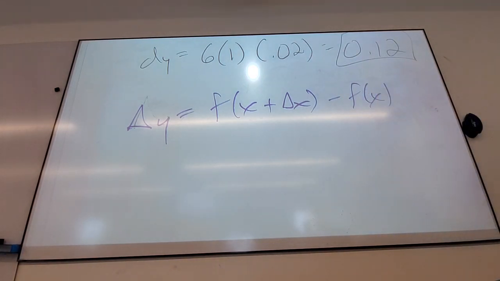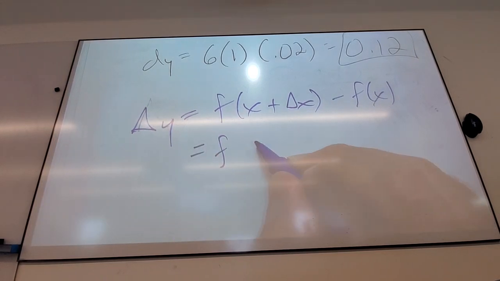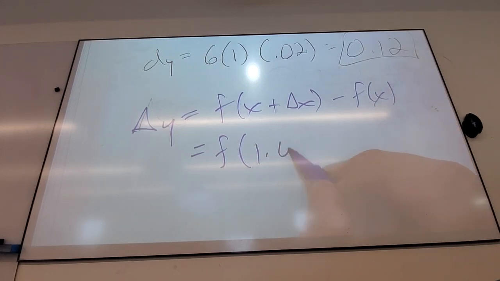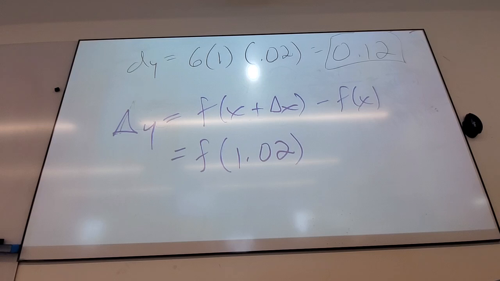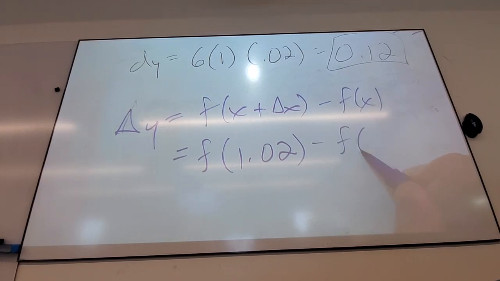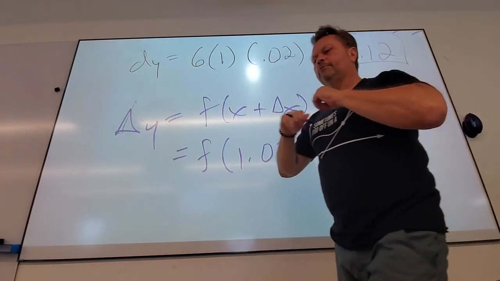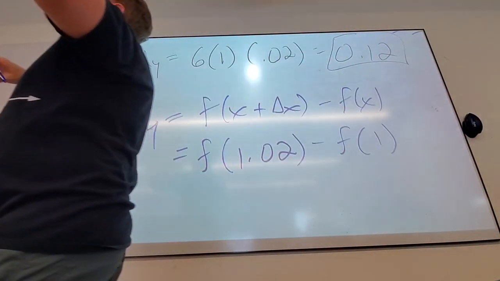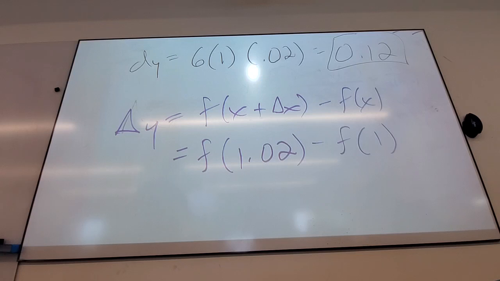What do I know? What's x? 1. And what's delta x? I'm assuming it's 0.02, so I'm going to change x by 0.02. I need you to understand, when we write something in general, it always looks worse than it actually is in practice.